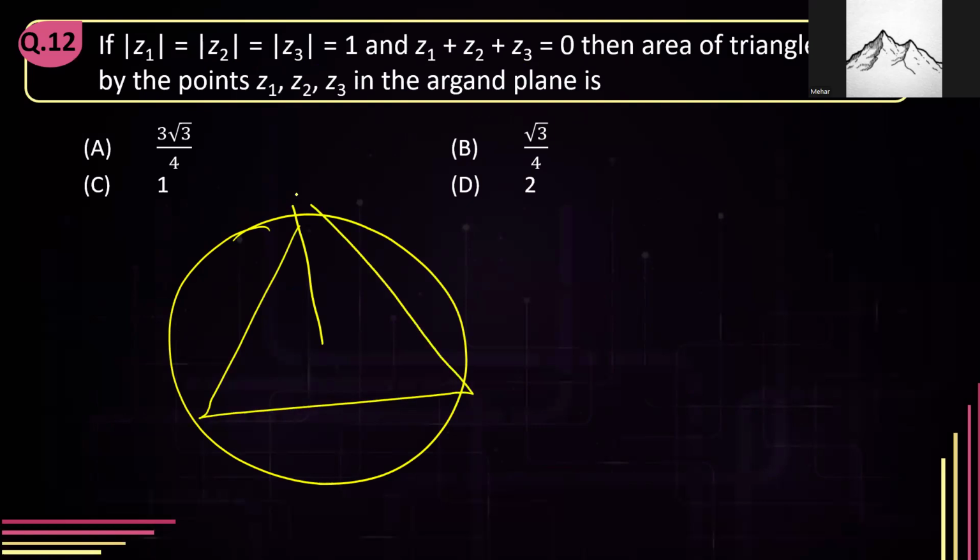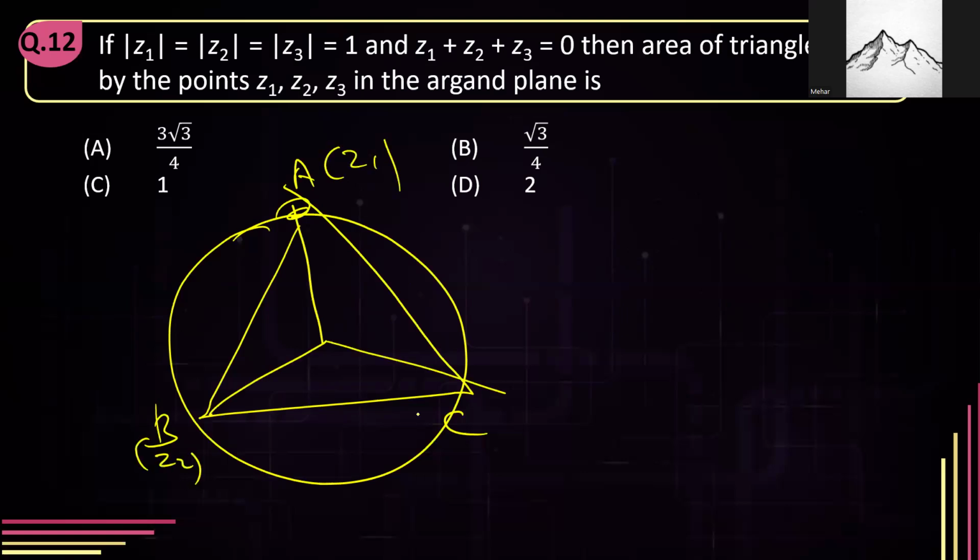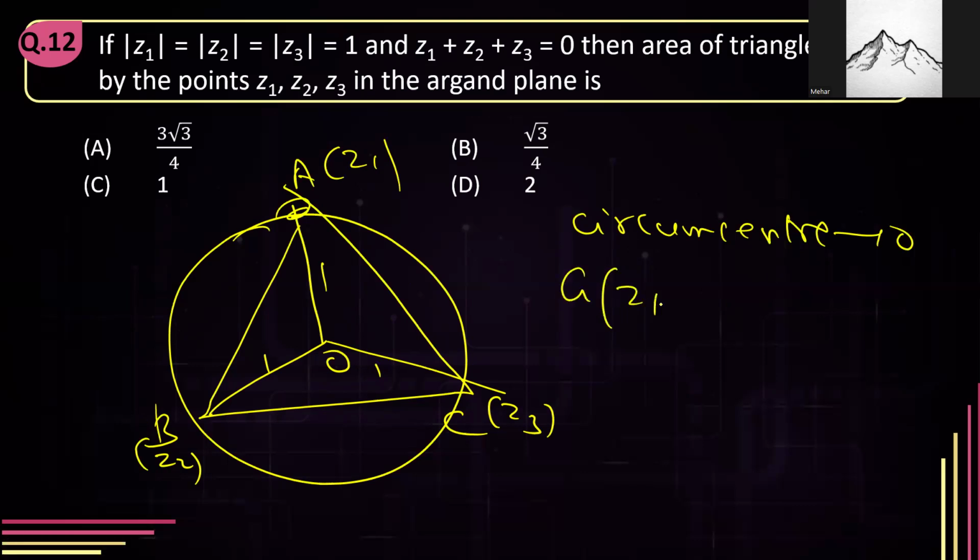So basically you draw a triangle ABC. We know that the circumcenter is equidistant from the vertices. If you represent Z1, Z2, Z3 as the three vertices of this triangle, the circumcenter of the triangle is the origin. All are at the same distance 1. So you can see clearly the circumcenter is the origin, and the radius is 1. Now, what is the centroid of the triangle? Basically, you add the three vertices and divide by 3.